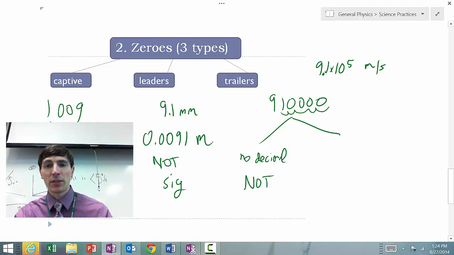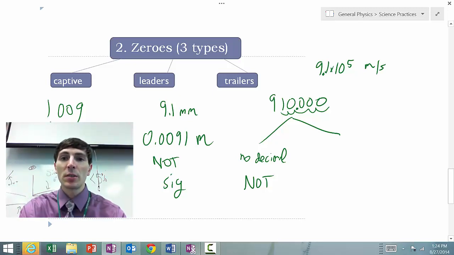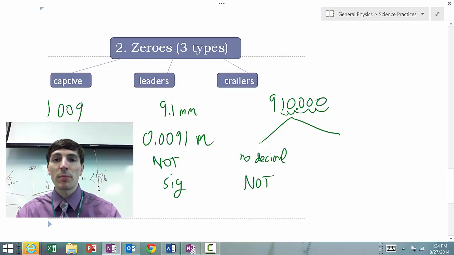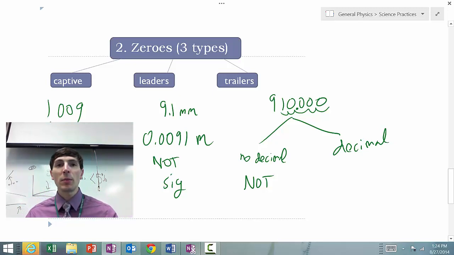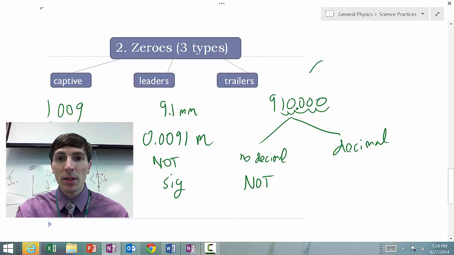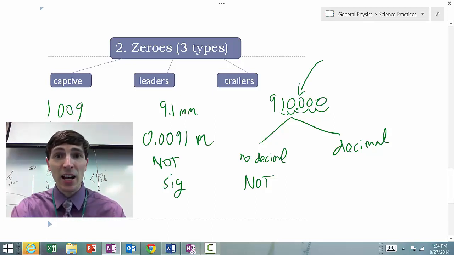Okay, they're not significant. However, if I were to measure using a really precise instrument that I have 910.000, let's say I change the number. Well, now if I have a decimal, that means that someone has measured that to be, not only is it close to 910, but it's really close to 910 on the dot, on the dot, on the dot.